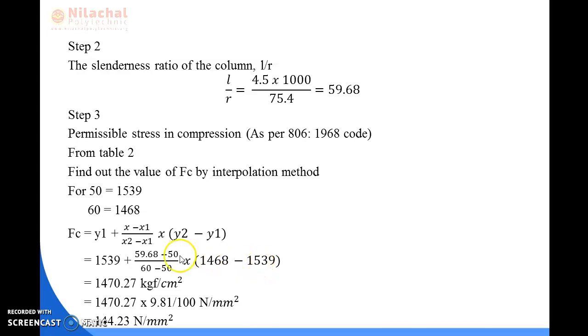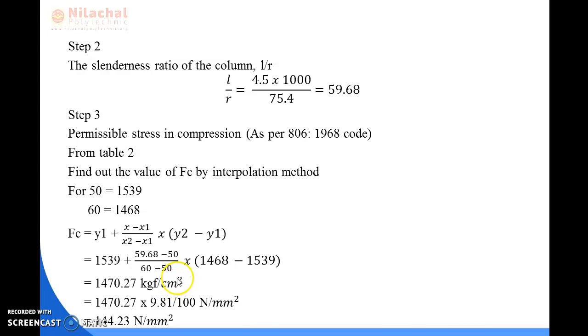By calculating all these, we get the value of Fc as 1470.27 kgf per centimeter square.